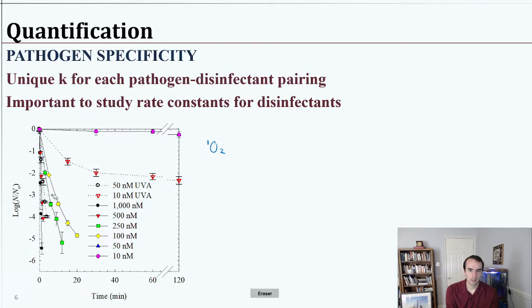And this is a log plot for MS2, which is a bacteriophage. And we were destroying them. This was a photoactivated method, which was kind of neat. But essentially what we were doing was looking at these rate constants and trying to understand our system, about how much singlet oxygen we were producing and how effective it was in that system.